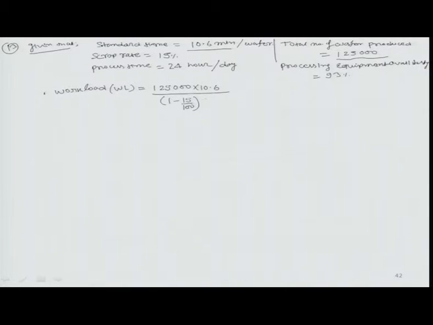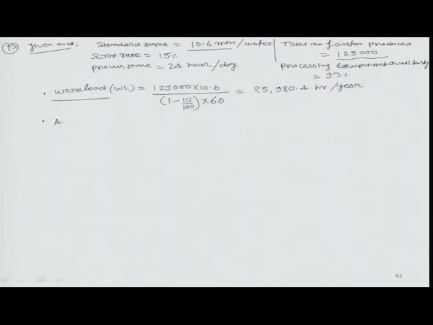So 1 by (1 minus 15%), and we'll have to convert it into hours, so we will divide the whole expression by 60. On solving this we will get 25,980.4 hours per year. Okay. Now this is the total workload.